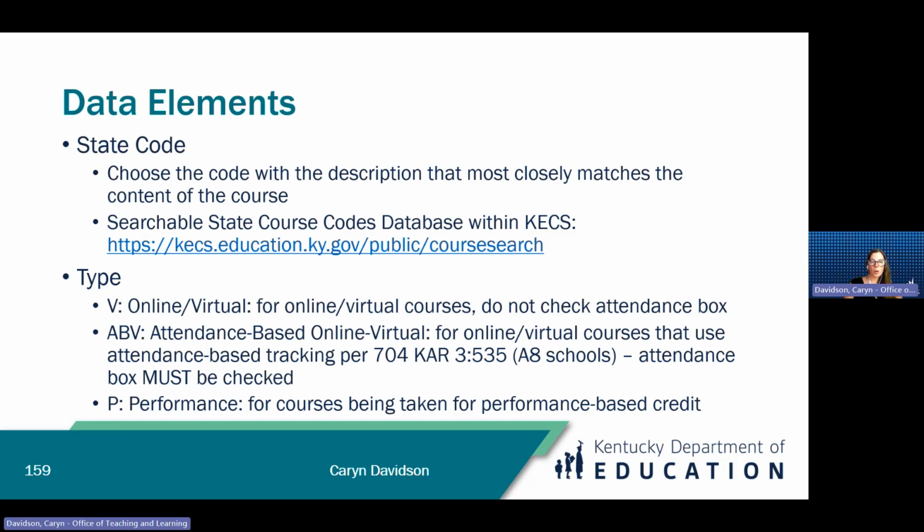Then we have our more traditional performance-based courses, which would receive a type of P, and similar to the V online virtual, students would receive credit upon successful completion, and schools would receive funding upon successful completion. This is the only one, however, where the attendance box may or may not be checked, so you have a little bit of flexibility and options there. And if you were joining this morning, Josh Whitlow gave a wonderful presentation all about virtual and performance-based course setup.